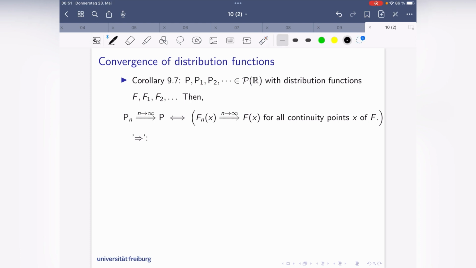Okay, so there are two things to it, from left to right and from right to left. From left to right, x is a continuity point. Then I have the following, the p of the border of minus infinity to x. That's p of x. That's 0.